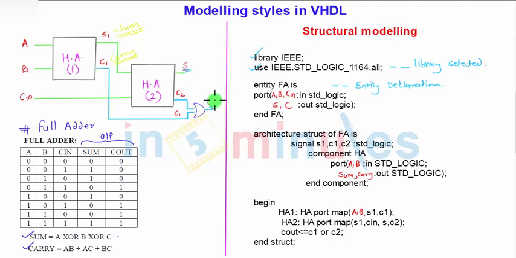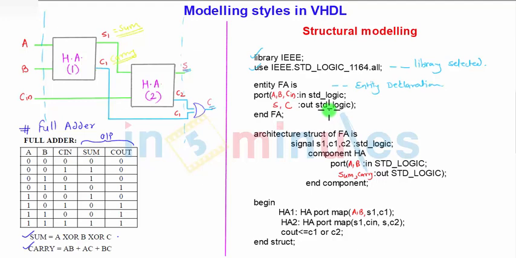What we are doing here is structural modeling. So we care about the structure and the interconnections between the components, and not the data flow. So only interconnections are required. What is happening inside, I will design in the architectural, structural part. So the final inputs A, B, C and the final outputs S and C, that is output standard logic, are the only requirements, the IO interface in the entity.